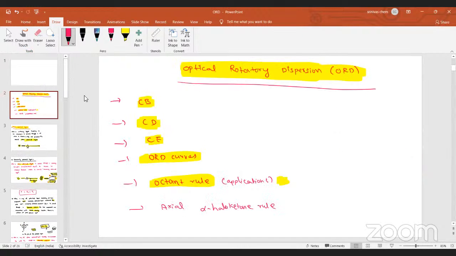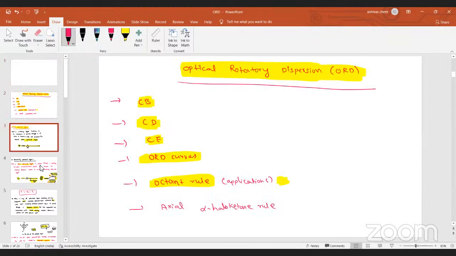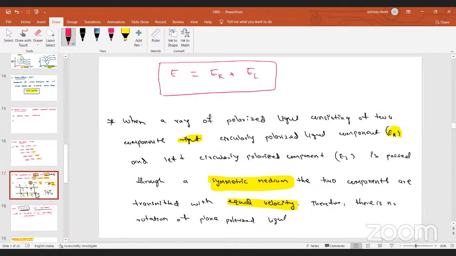Is there any doubt in ORD? CPL, CD, CE, radicals, octant rule, applications, and the axial alpha-haloketone rule. This is enough for today, and the remaining in the next class. Take screenshots of all slides.